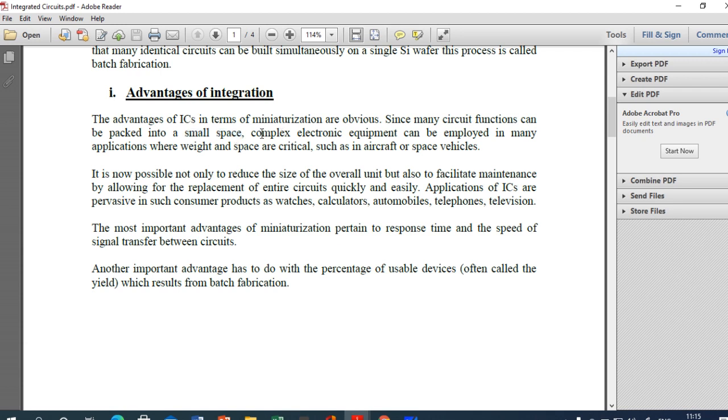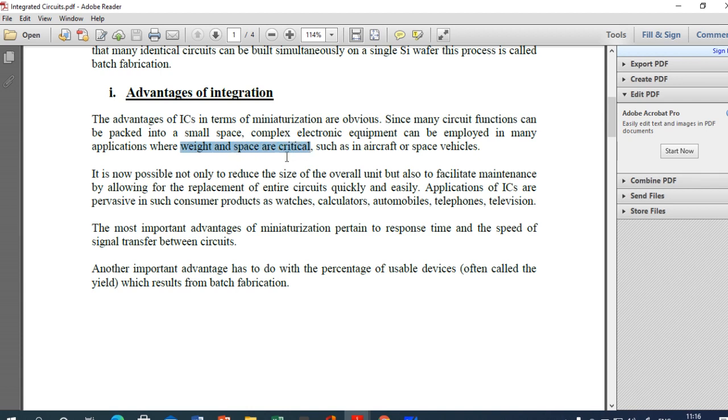And there is also complex electronic equipment, meaning any kind of complex electronic logic can be implemented in that integrated circuit. Because of the small space and the complexity that can be implemented, they are employed in many applications where weight and space are critical.